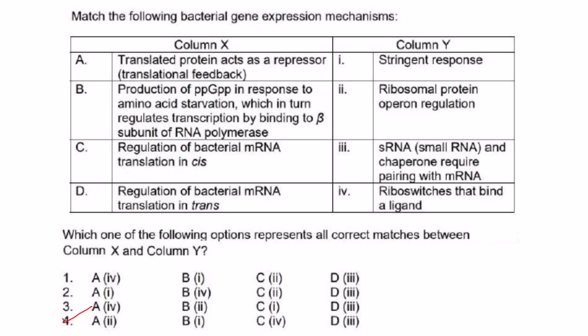Then regulation of bacterial mRNA translation in trans, that is involving sRNAs, or small RNA, and chaperone. I told you chaperones like Hfq are involved in certain bacteria for regulation of bacterial mRNA translation in trans and require pairing with mRNA. So D3. So 4 is the answer.